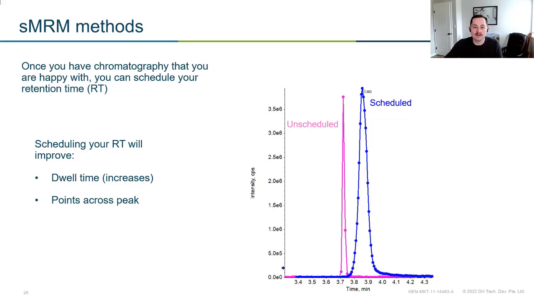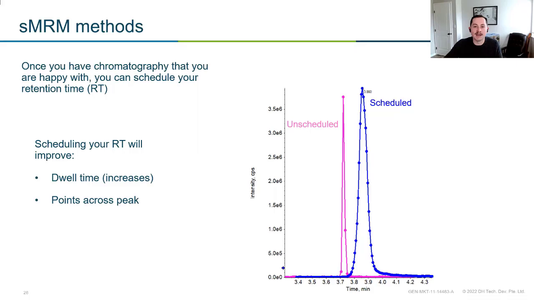And the differences in the data quality can be seen here. We have the pink, which was unscheduled, and the blue, which was scheduled. What you'll notice about the pink is that it's essentially a triangle. Each one of those dots represents a data point where the instrument actually collected data.